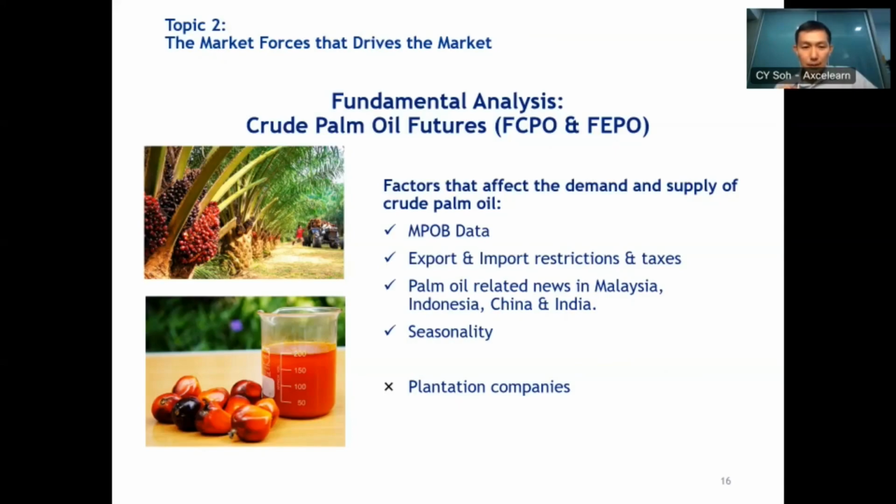Let me summarize: to put it in simple words, when the information you gather tilts towards increasing demand or lesser supply of crude palm oil, then the price is likely to go up. If the information tilts towards reducing demand or increasing supply, then the price is likely to come down. So these are the general factors you want to look at when you trade CPO futures.